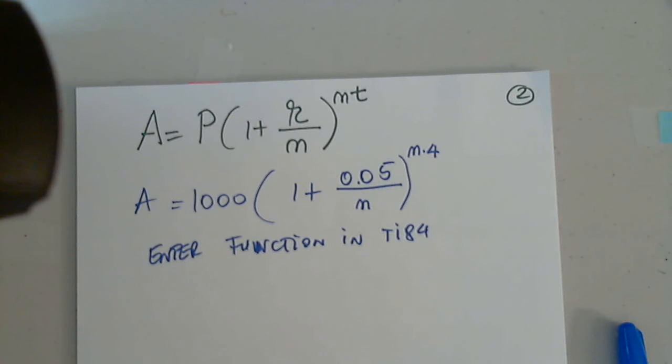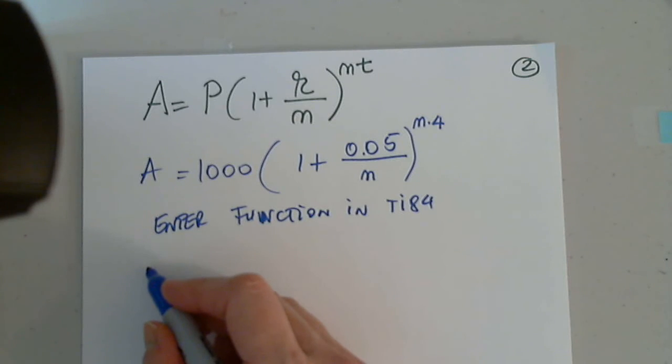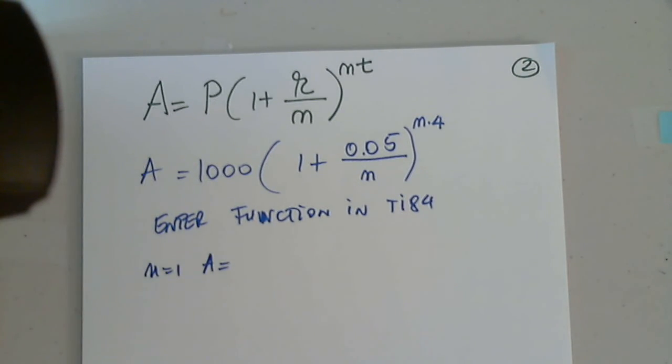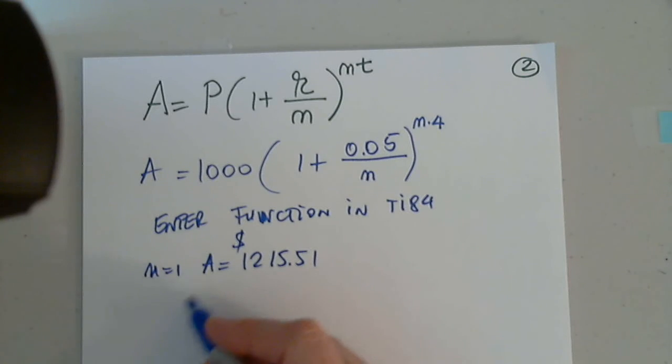Please highlight the number that you are looking at just to make sure that these are the correct, because it will only give you one digit, and when we talk about cents, we have to have two. So I'm copying now, and I will just write for n equals 1, A equals $1215.51 with a dollar sign in front.